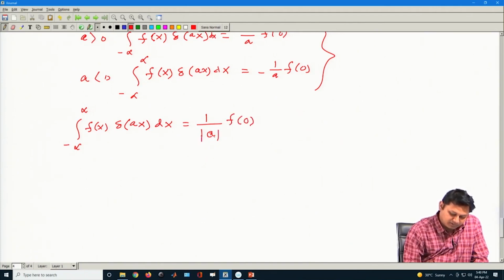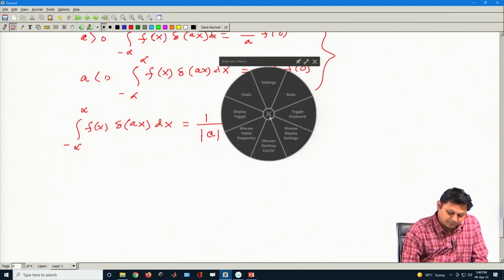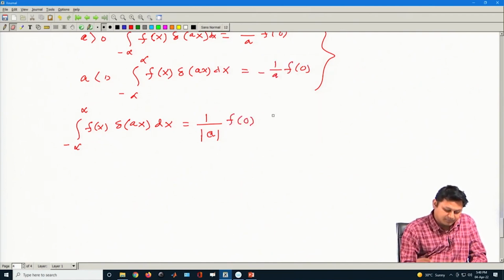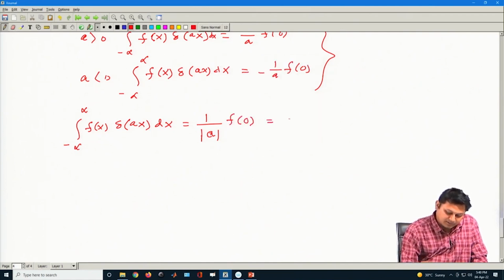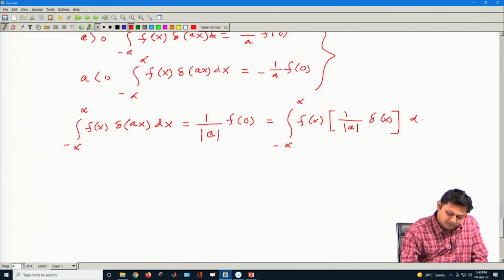Now, these things I can rewrite in this way. I can rewrite minus infinity to infinity function of x, then multiplied by 1 by mod of a, then delta of x dx. I just rewrite this expression in this way.